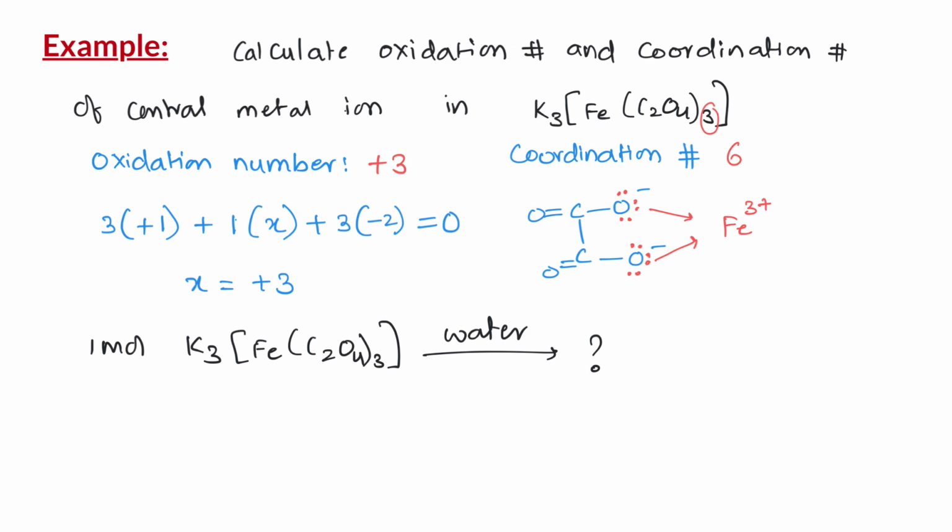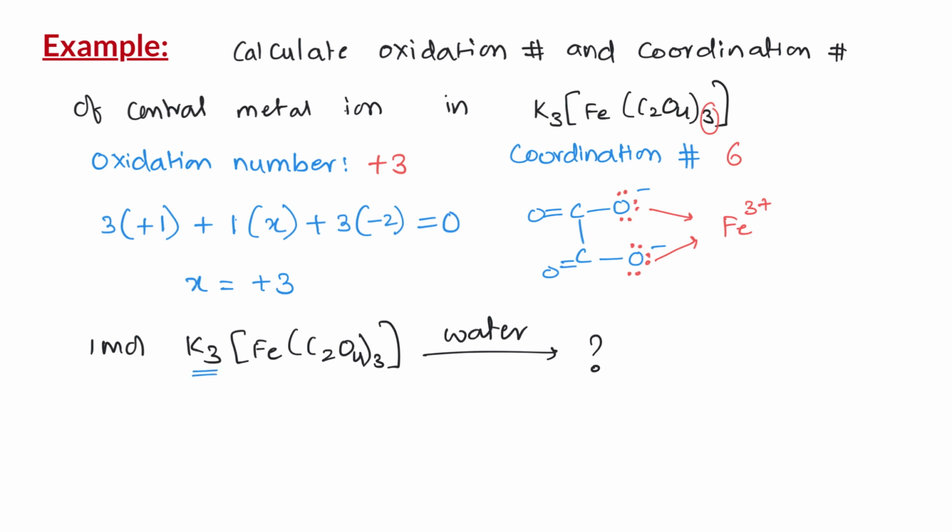Next, let us answer the third question, which is: when 1 mole of this compound is dissolved in water, what ions are produced? Based on the format, the ions that are outside the square bracket ionize.